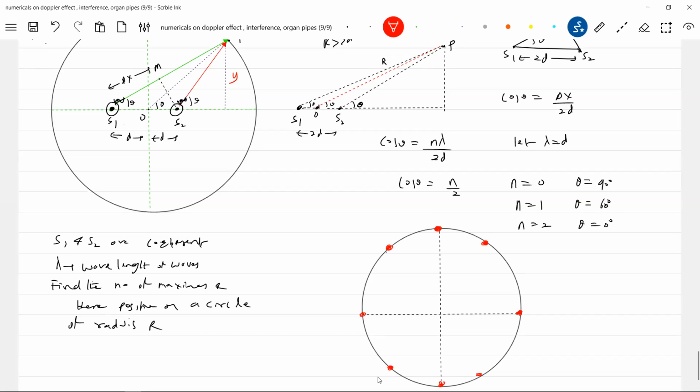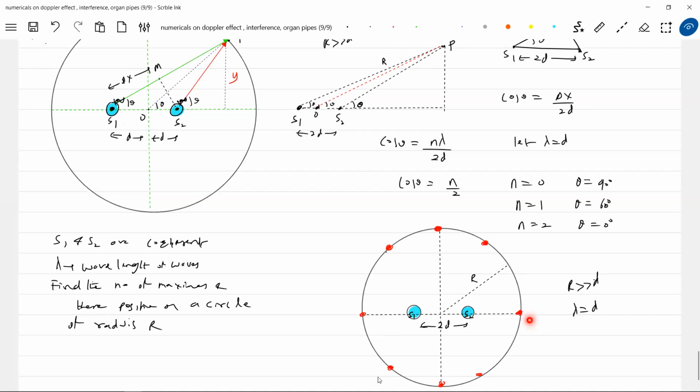So tell me, if I go around in a circle, how many maximas am I going to measure? Let me define all that condition: x is very much greater than 2d, and lambda equal to d, in fact, the distance between sources. Okay, how many maximas?